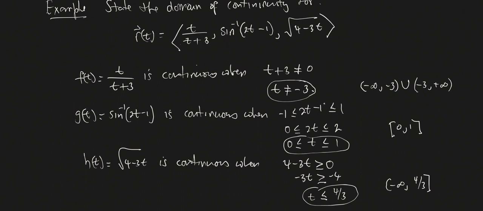And then essentially your final answer is what is the intersection of these three sets? Where do these three intervals all overlap? What do they have in common? Well, this interval is actually a subset of this interval, and so it's also a subset of this interval.